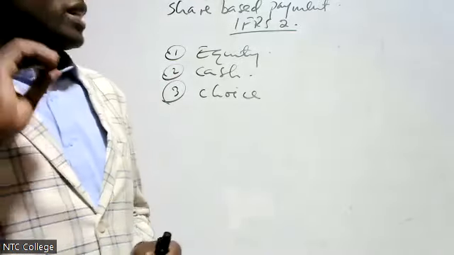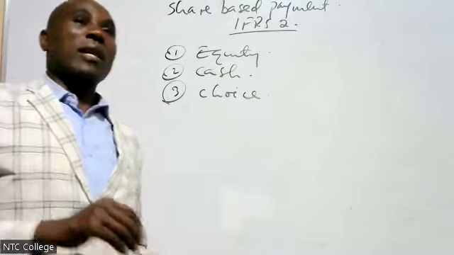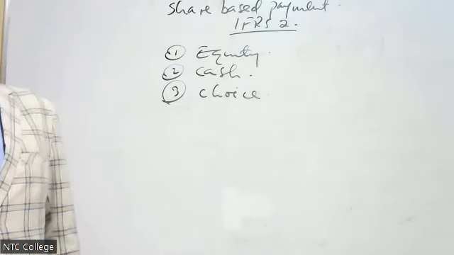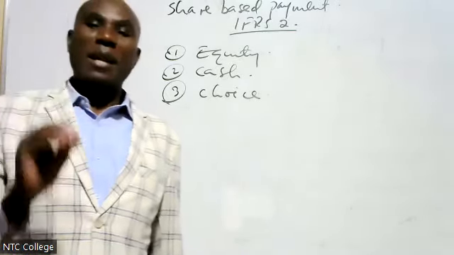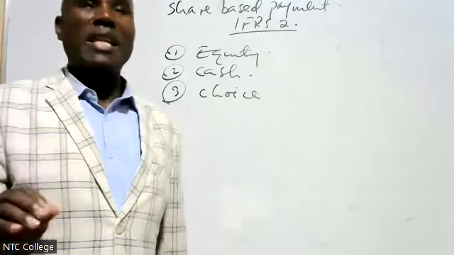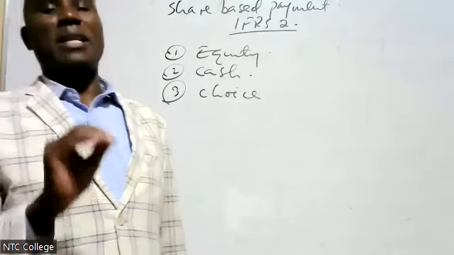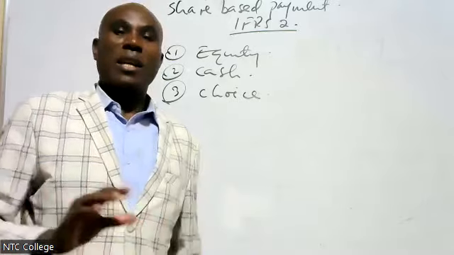Under equity settled, the entity is going to receive goods or service from other parties, but the consideration will be equity instruments, including ordinary shares.